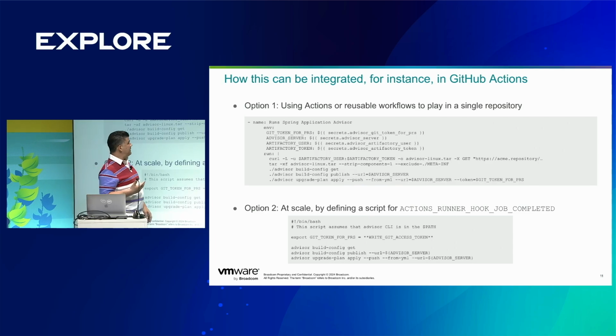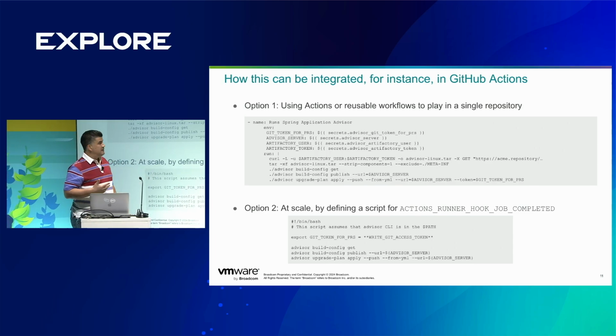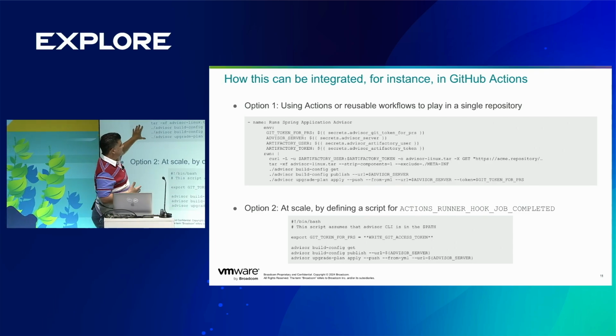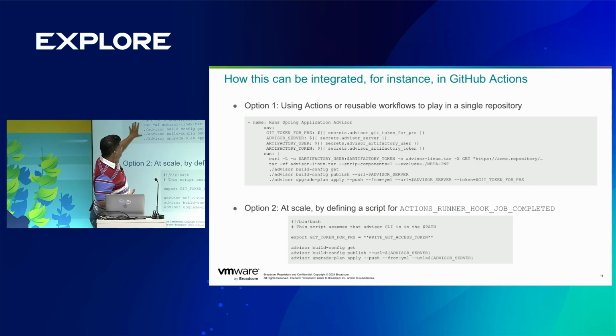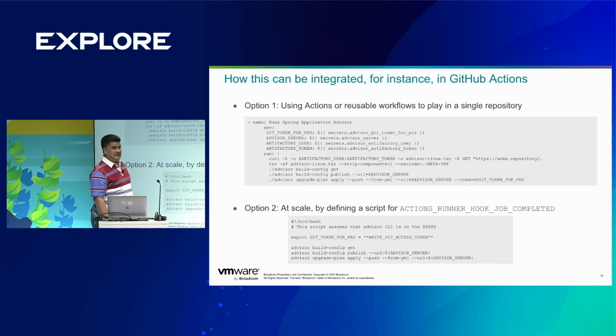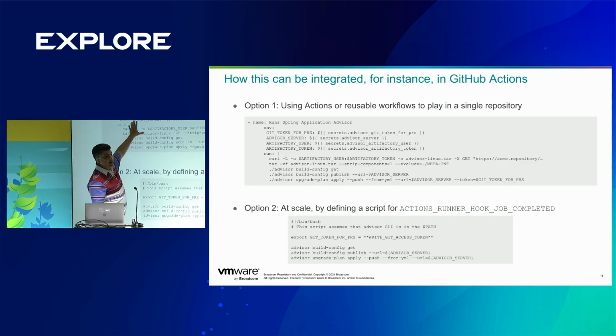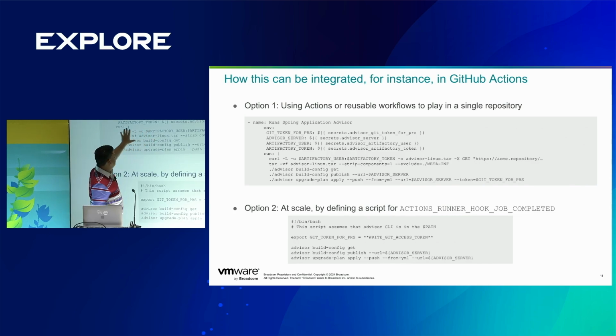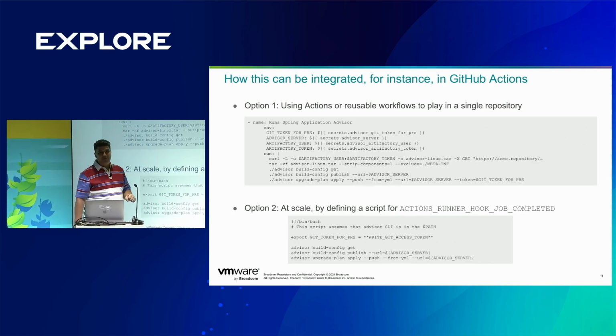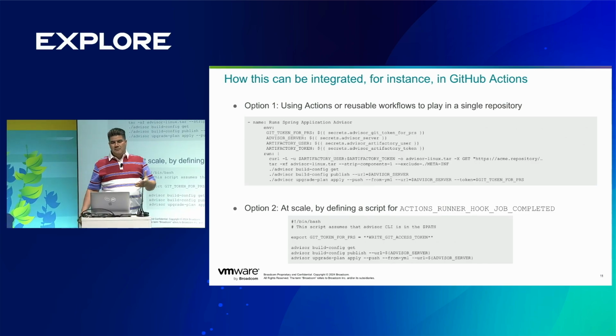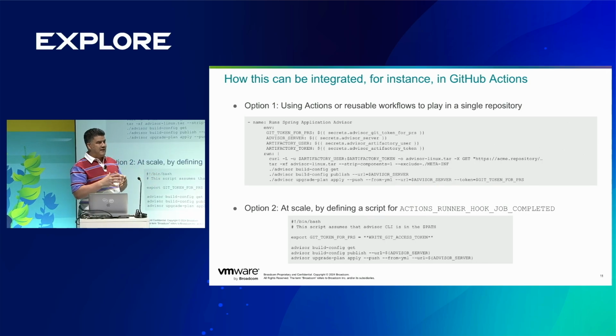Now, how do you integrate it into things like GitHub Actions? You'll see here that you're actually able to put this into the reusable workflows, so that all of your teams could take advantage of it at once. So with this, you could actually have information about where to get your Git information, where to put it, Artifactory information. And we're going to talk pretty soon here about how to sync the artifacts into your own internal repository before you use them.